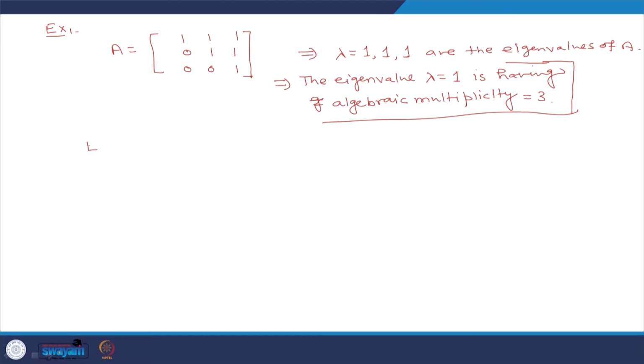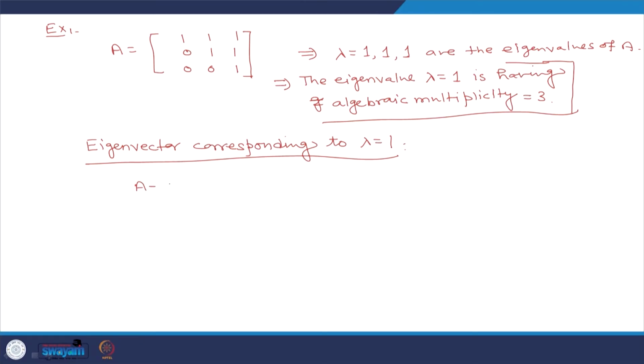Now, let us check the eigenvector corresponding to lambda equals 1. For calculating this eigenvector, A minus lambda I times V equals 0.